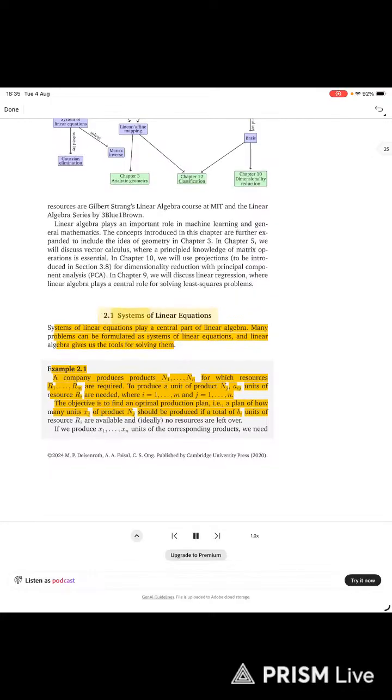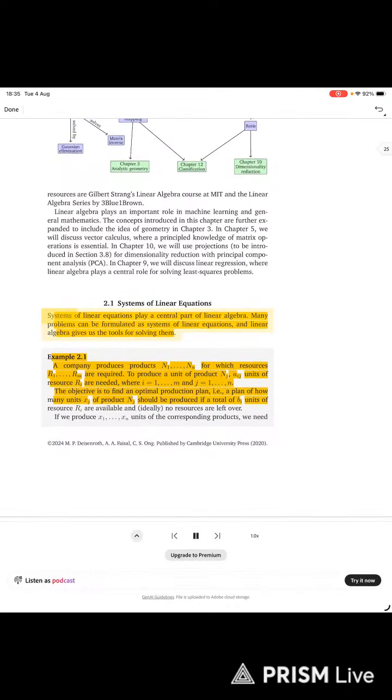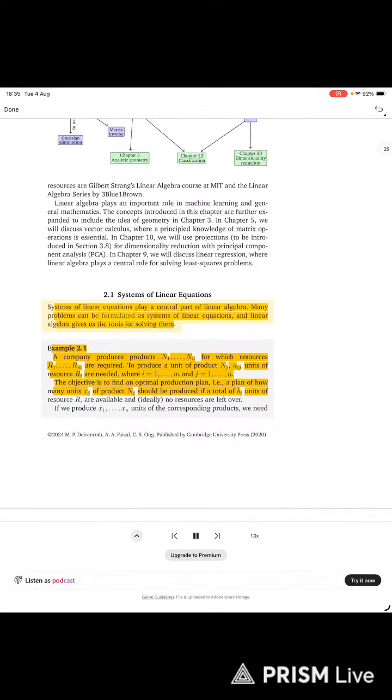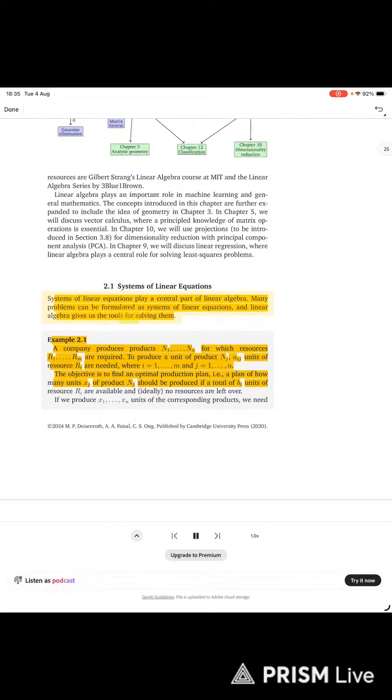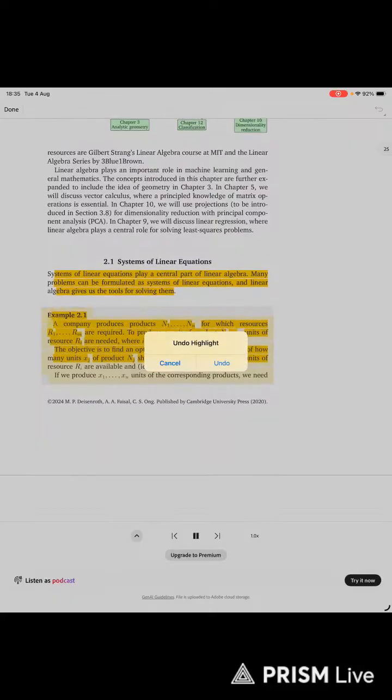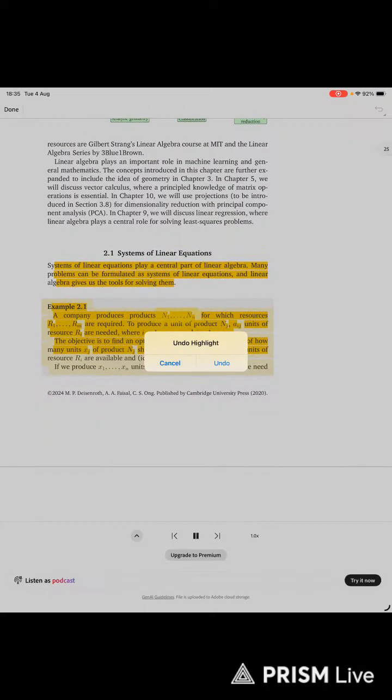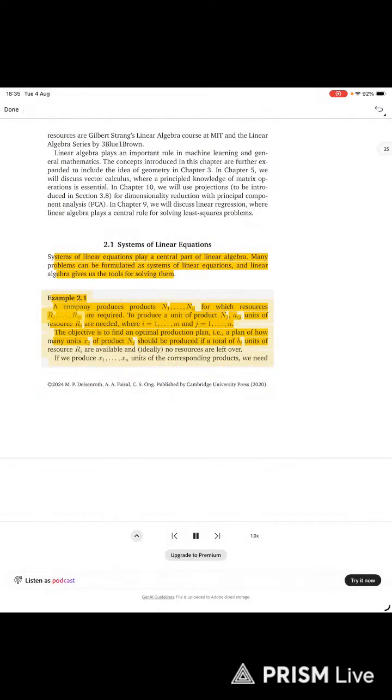problems. 2.1 Systems of linear equations. Systems of linear equations play a central part of linear algebra. Many problems can be formulated as systems of linear equations, and linear algebra gives us the tools for solving them. Example 2.1: A company produces products N1 to Nn for which resources R1 to Rm are required.